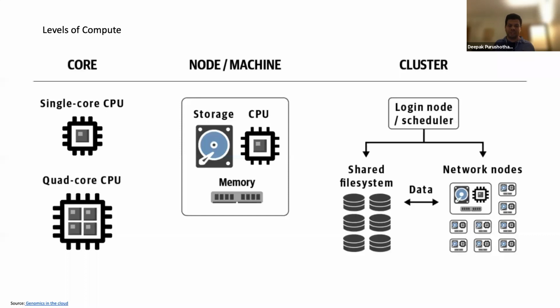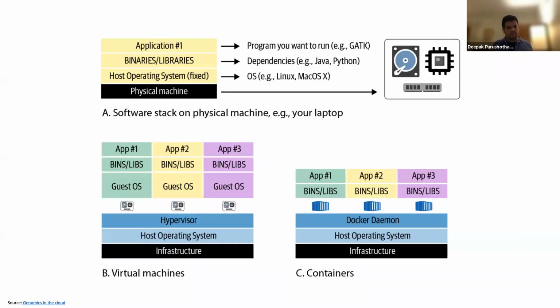How do we accomplish it? So one of the more popular paradigms is, by now you might know, when you run something on your physical machine, you're sort of managing the software, the dependency, the OS. But then there are concepts like virtual machines and containers.